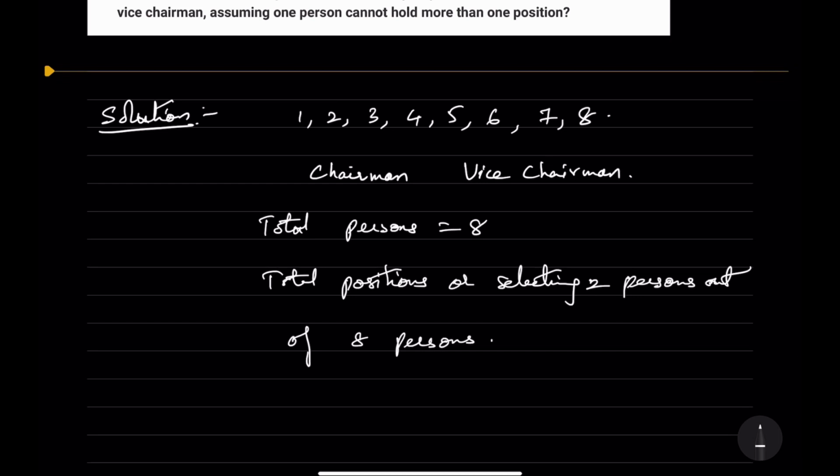So here, how do we do this? Now this is n, and r is equal to 2 over here for us.